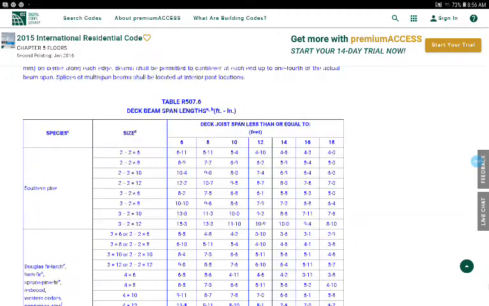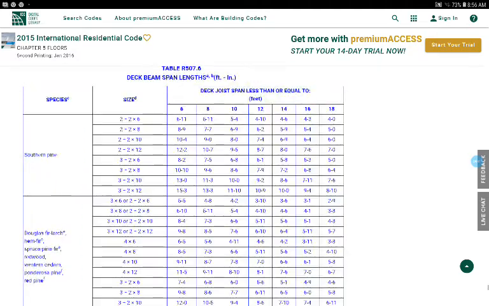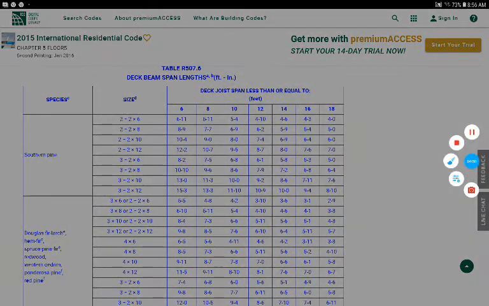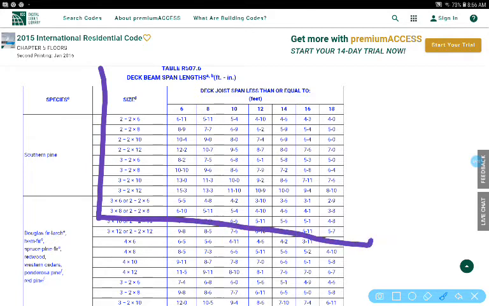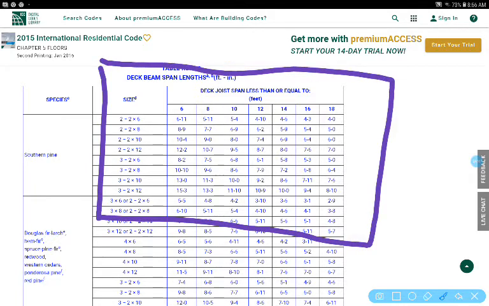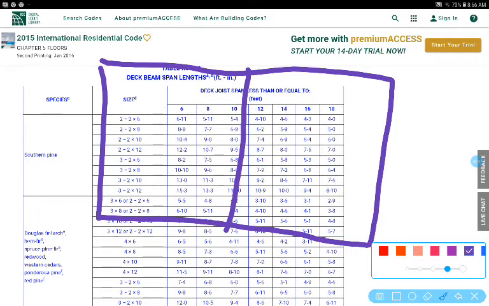Okay, let's move to the other chart here, beams. So when building a deck, I'm going to draw a very crude drawing, but sometimes I'll do the floor joists in a different color. These are the floor joists.